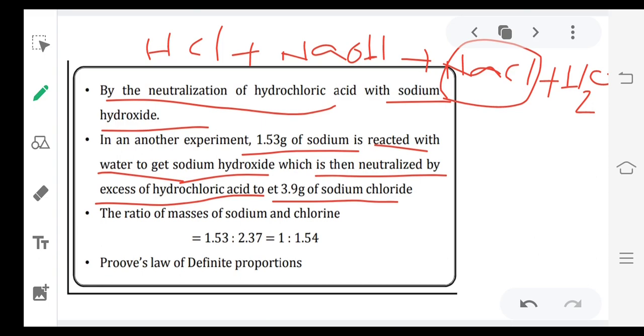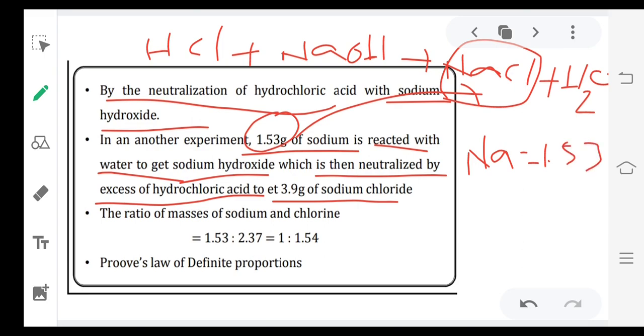So now, how much sodium and how much chlorine are present in NaCl? How to know? Here, how much sodium have we taken? 1.53 grams. That sodium will come to NaCl. So the sodium mass is 1.53.